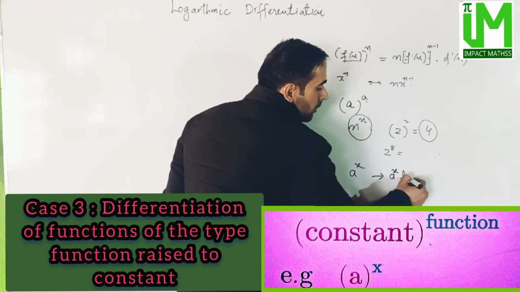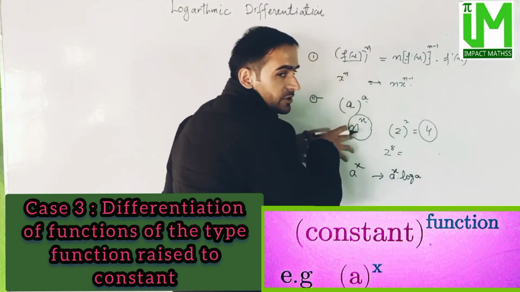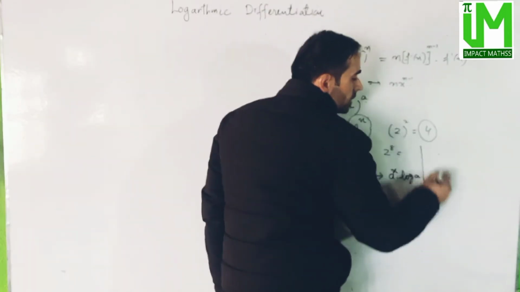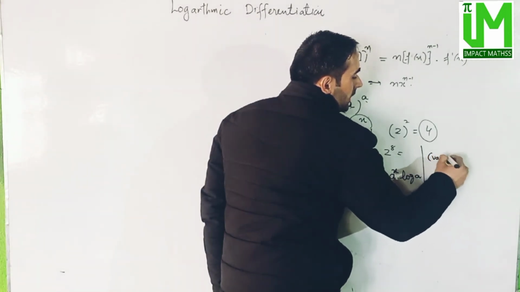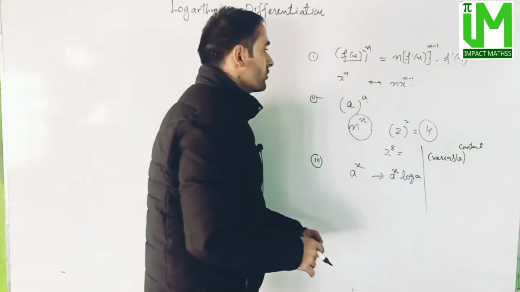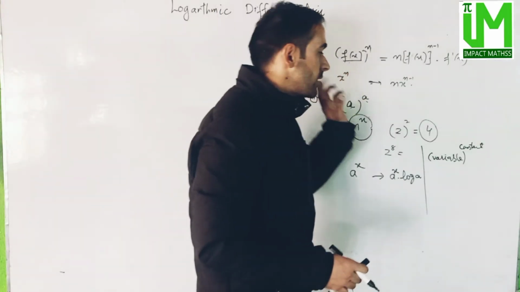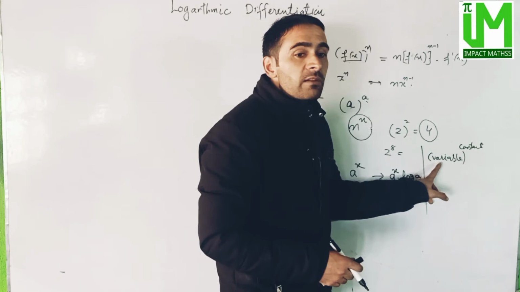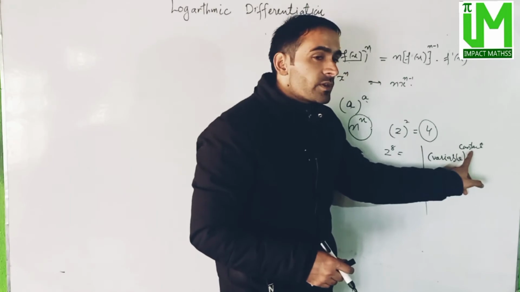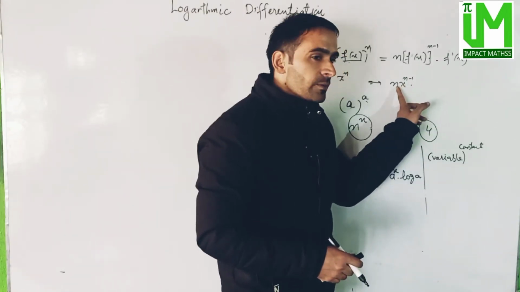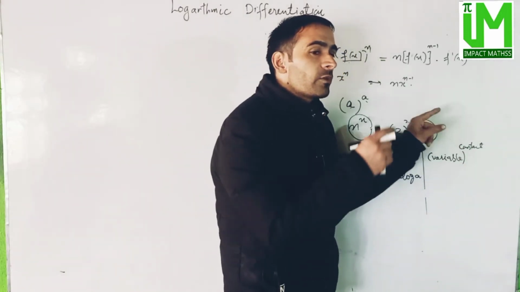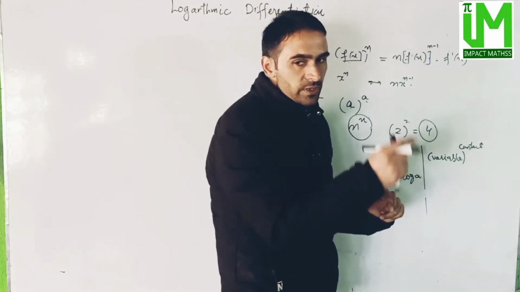This type of differentiation we already know. When we have a variable raised to a constant power, like x raised to power n, in fact we can have any function here: a function raised to a constant power. Its differentiation is the constant multiplied into the function raised to power n minus 1, and then the internal differentiation of the function.